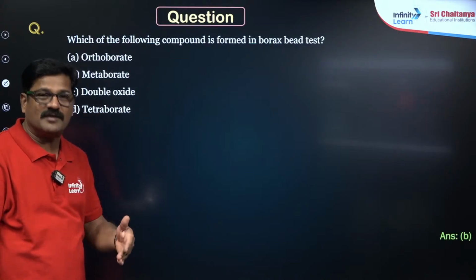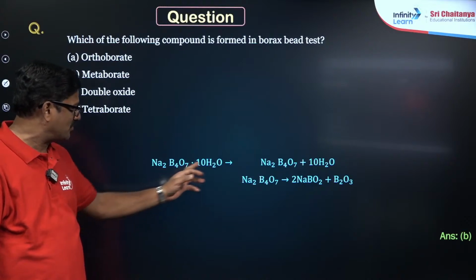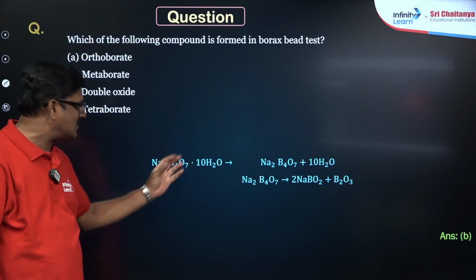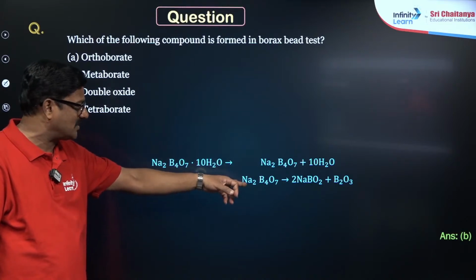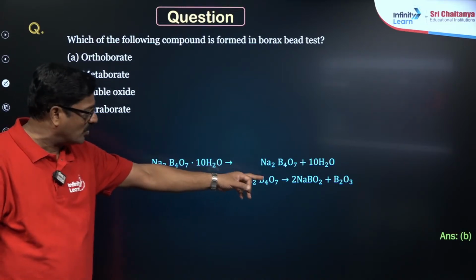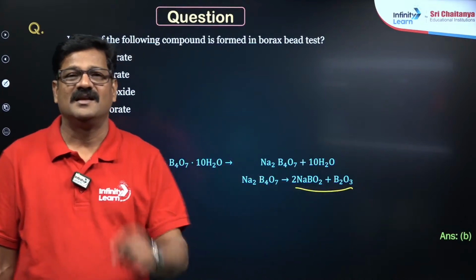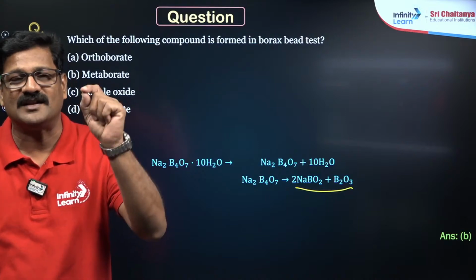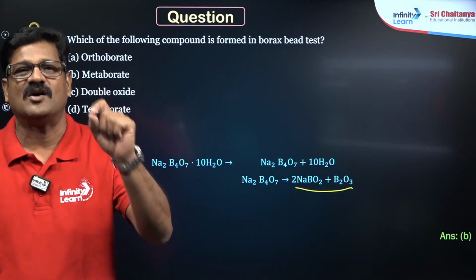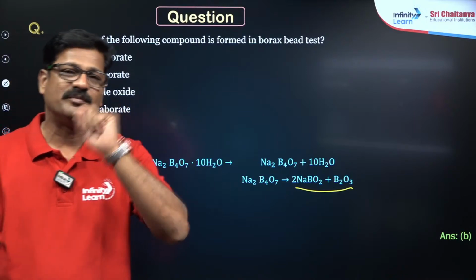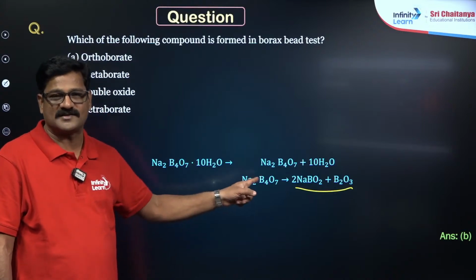So sodium tetraborate, this is your borax. When this is heated, it gives rise to sodium metaborate, and boric anhydride is the last end point. It is a colorless clear liquid, and on solidification a clear bead is obtained, and this is the principle behind the borax bead test.